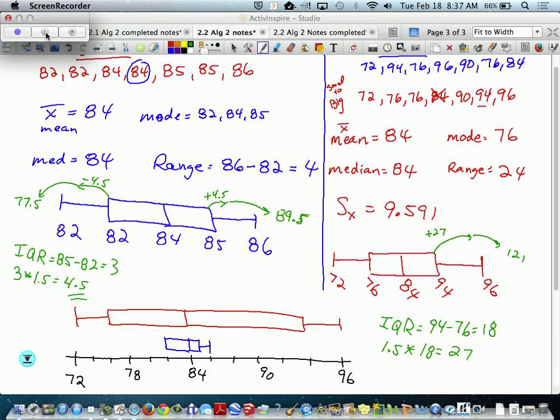So we definitely don't have anything higher than 121. Go to the bottom of the box and you subtract 27. So 76 minus 27 takes me to 49. And again, I don't have anything there. So in this case, neither of the data sets has an outlier.